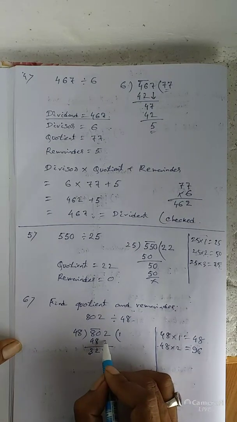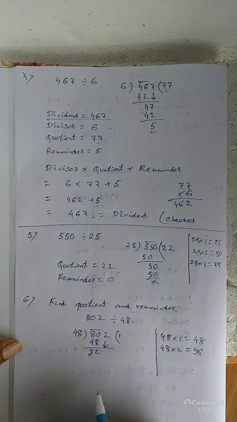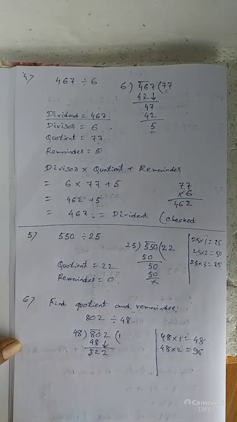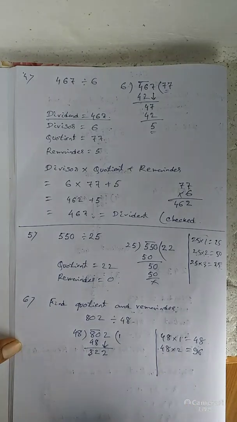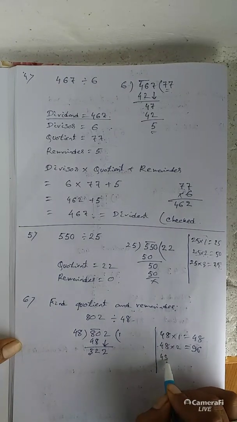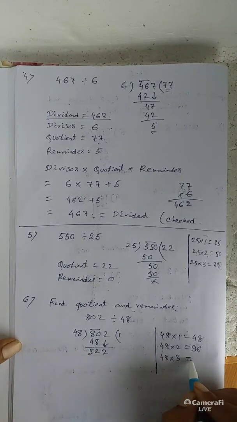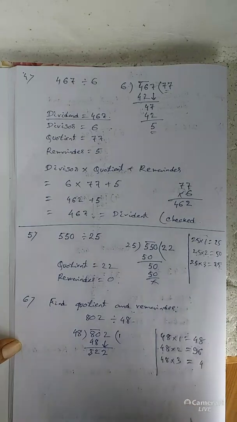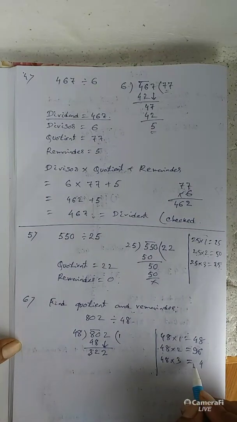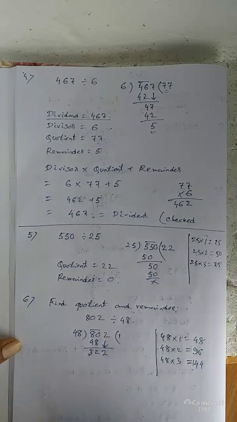Now take the next digit from here, 2, so 322. Now we get 48 multiplied by 2 equals 96. Now proceed with 3: 3 times 8 is 24, 2 carry, 3 times 4 is 12 plus 2 is 14, so 144.